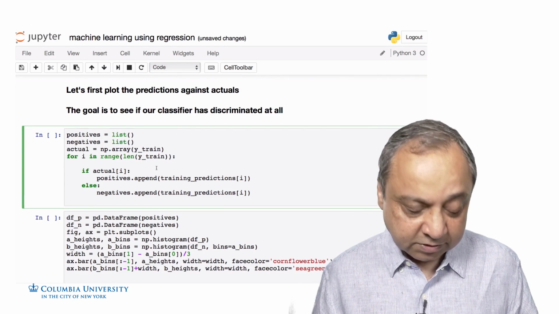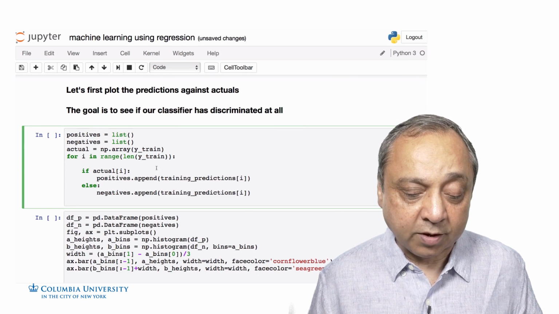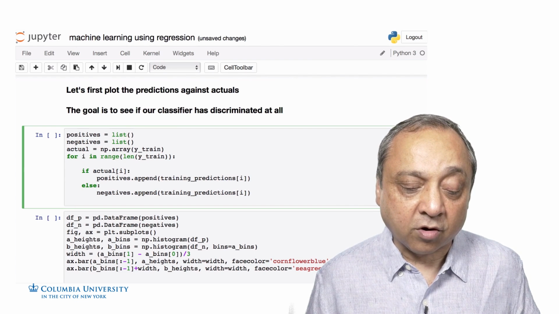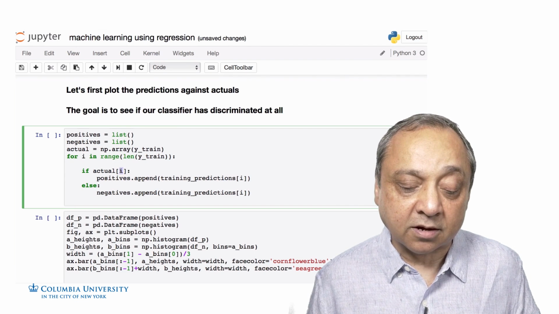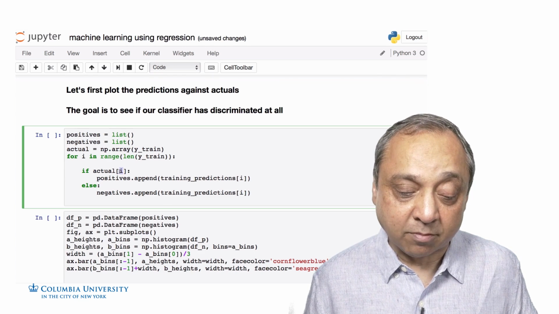First thing, before we go to the ROC curve, let's see if our model discriminates at all or not. So we can take our data and look for wherever the case was actually a mine.